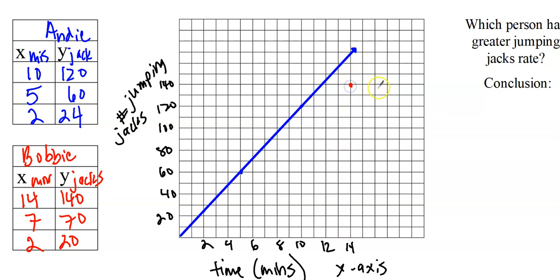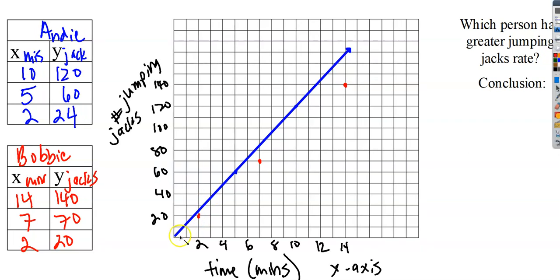There it is. And the second point is 7 and 70, which is half the time and half the jumping jacks. 70 is right there. And then 2 and 20. And now I'm going to make my line tool. You should use a ruler, and you're going to make a straight line going through all of those points.